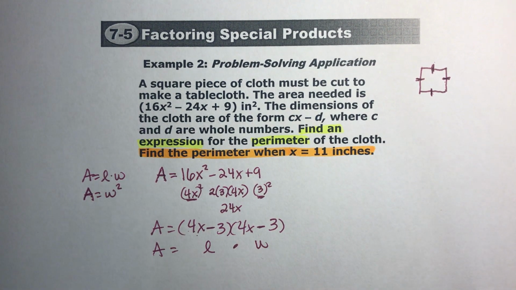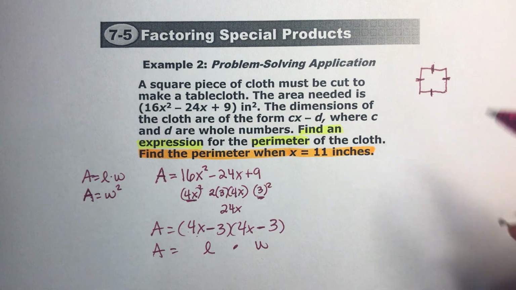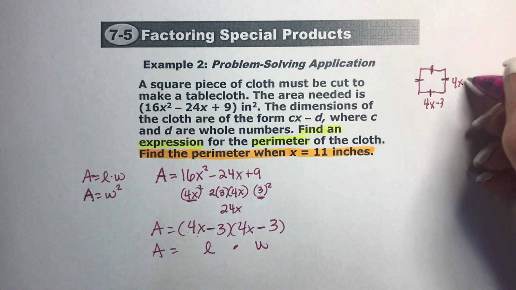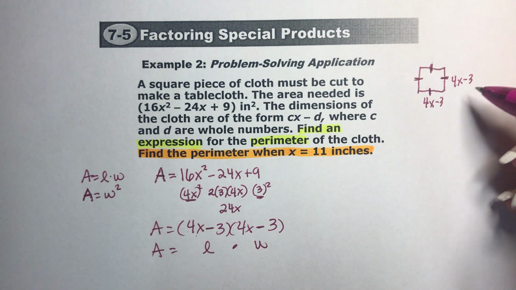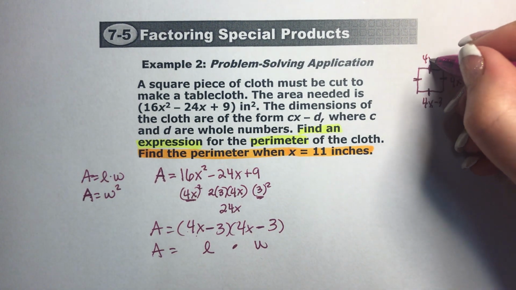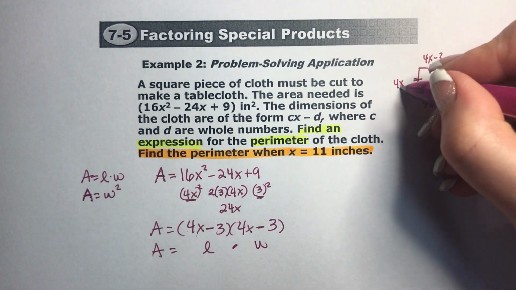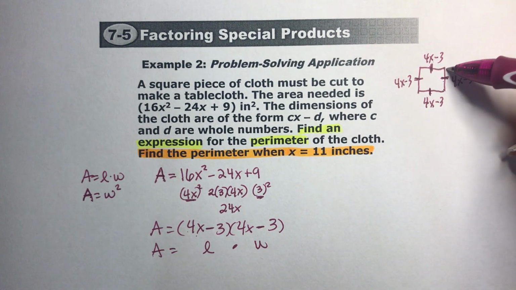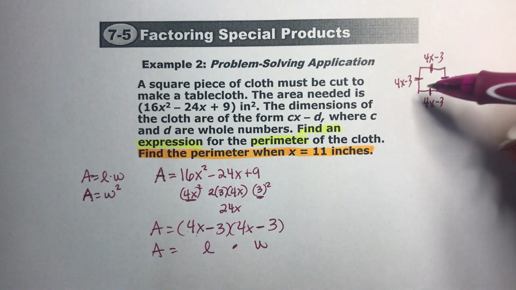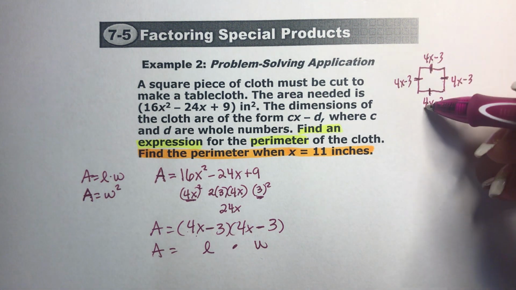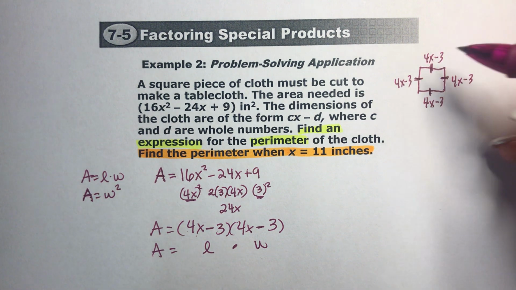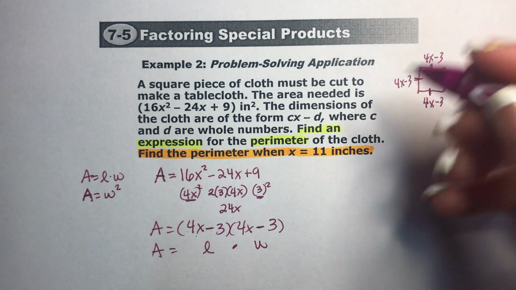So it says find the expression. This is going to be 4x minus 3, and this is going to be 4x minus 3. And it's a square, so all of these sides are 4x minus 3. If I want to find the perimeter, which is the distance around this figure, I can go 4x minus 3 plus 4x minus 3 plus 4x minus 3 plus 4x minus 3, or they're the same thing.